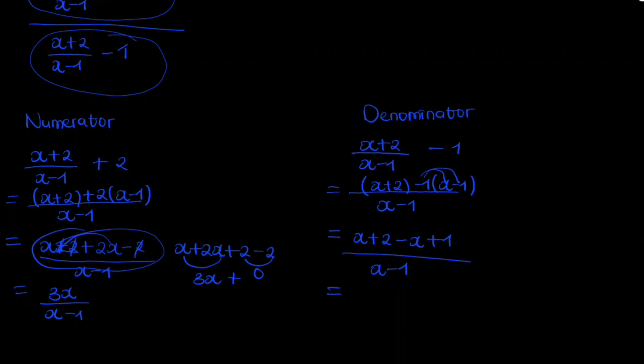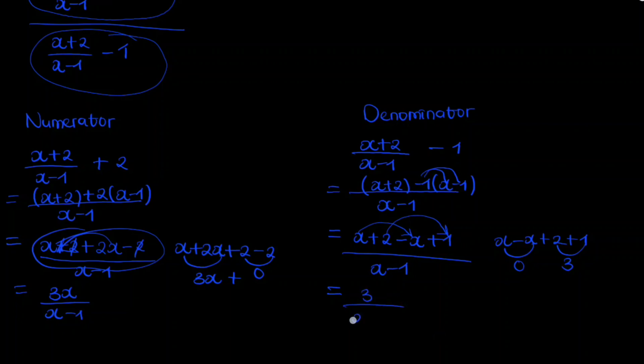Here 2 and 1 are like terms, so we have 2 plus 1, and x and minus x are like terms, so x minus x. This gives us 0 and this gives us 3. So we are going to have 3 divided by x minus 1.